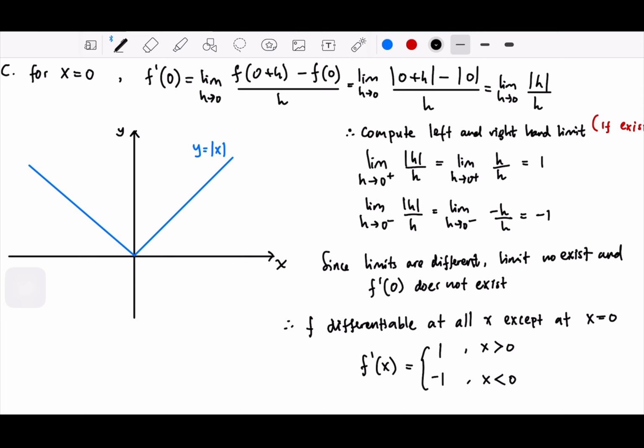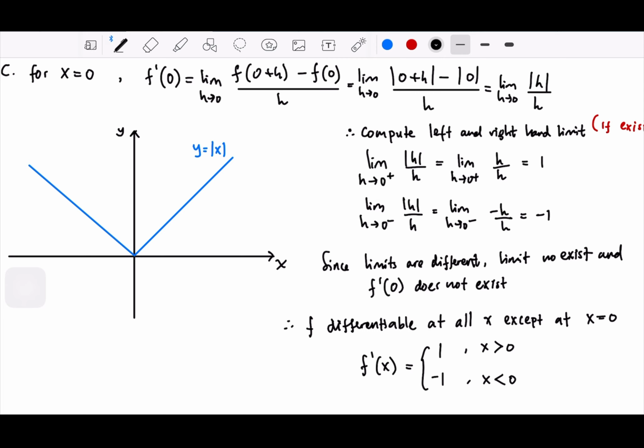Okay, from the graph of absolute value of x, if we look closely, from what we have done in calculation and what we have seen in the graph, the way that we can distinguish or know immediately is if you see any of this sharp notch here. Imagine you are walking from the left and walking from the right.